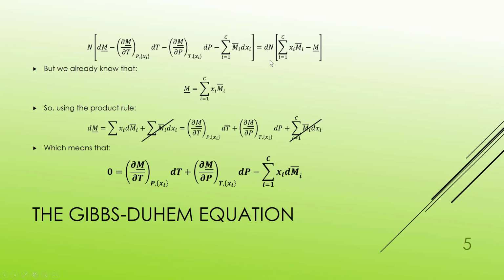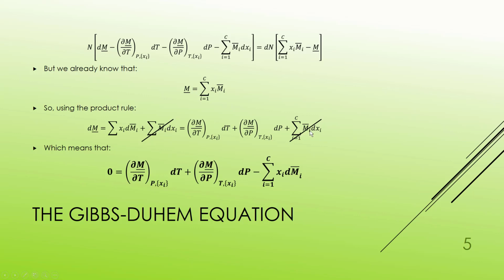Pause the tape if you need to look at this a little longer. So if I take that and then use what I know, I have defined that partial molar properties times their mole fractions, when I add them up for all components, that is the intensive M. Here I have that expression, so I could replace this with M, or replace this with this, and I now have that on each side.